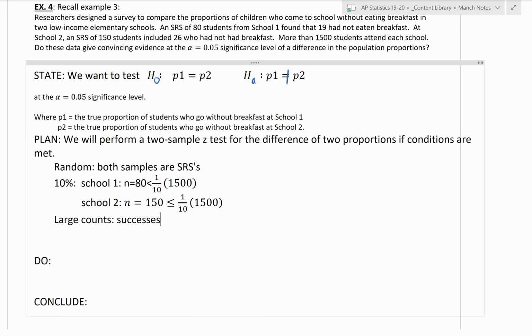We need to make sure successes and failures for both samples are greater than 10. Successes in the first school, there were 19 students who came without breakfast, and failures would be the remaining 61 students who came with breakfast, both greater than 10, so we're good there.